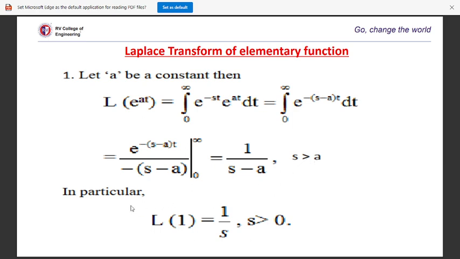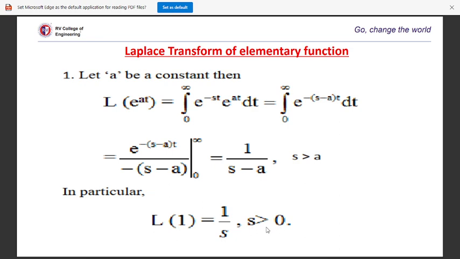In particular, if you take a equal to 0 here, then e power at becomes 1. Then the Laplace transform of 1 becomes 1 by s, with the region of convergence s greater than 0.